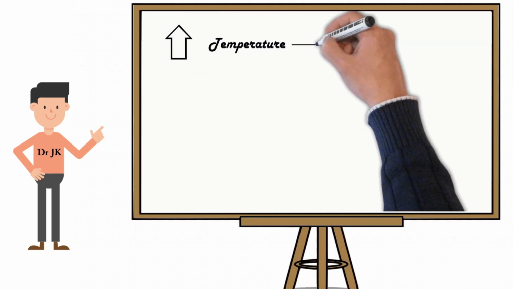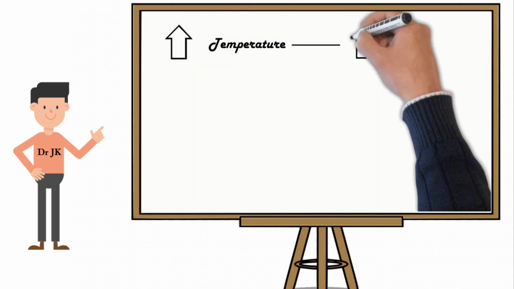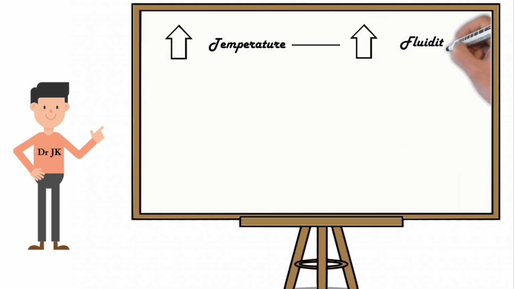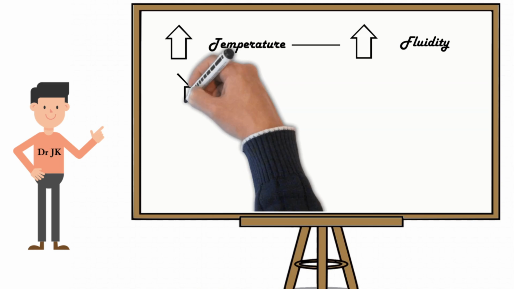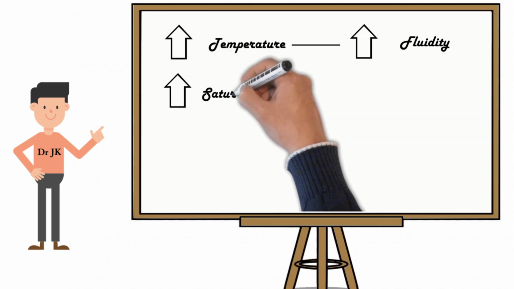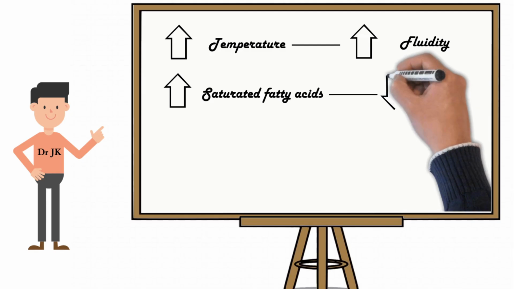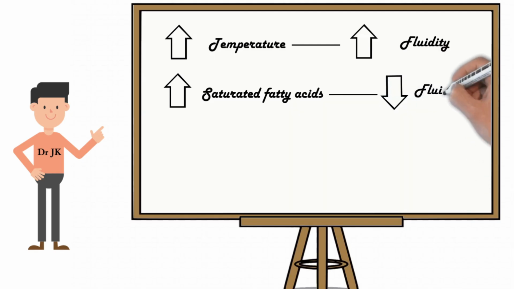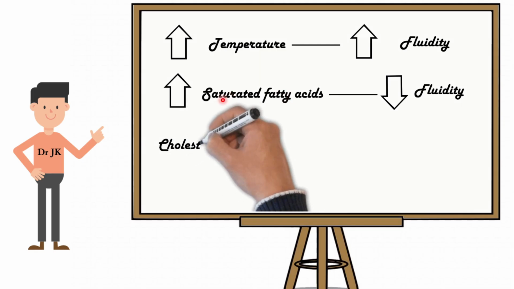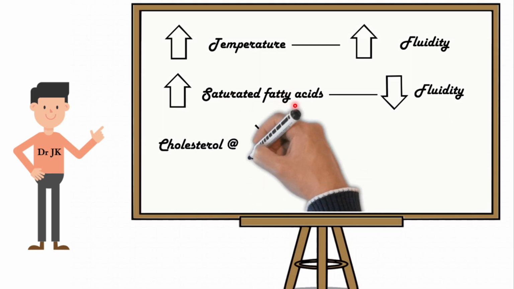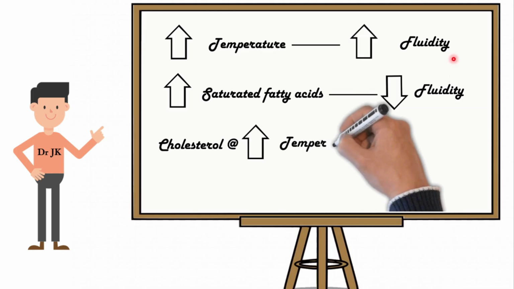Increased temperature is going to increase the fluidity of the cell membrane, because increased temperature will loosen all the lipids or fatty acids, which will increase the fluidity. Increased saturation of fatty acids is going to decrease the fluidity, because saturated fatty acids will be more tightly packed.